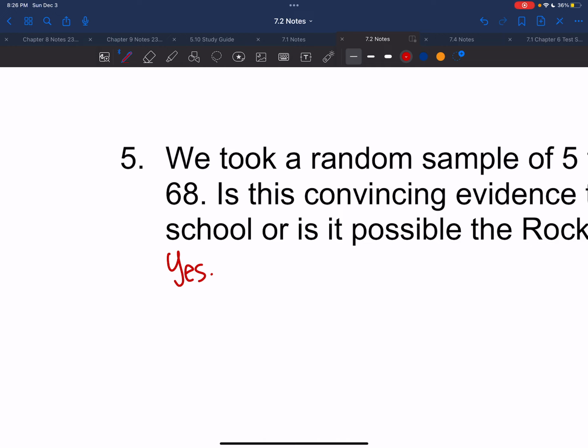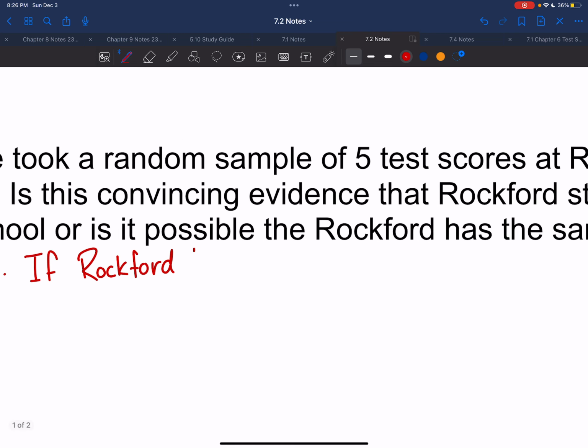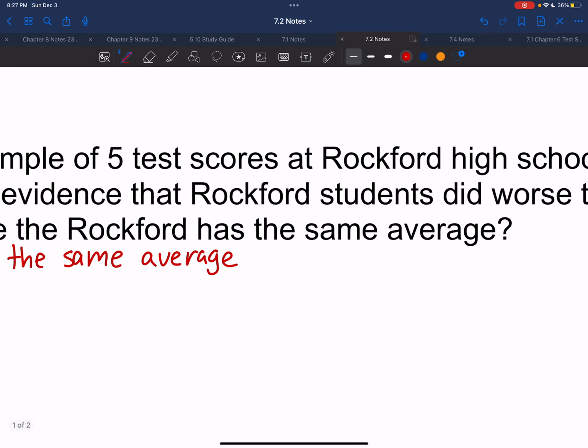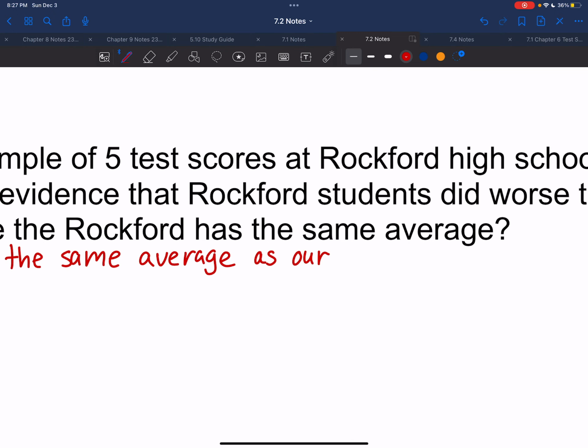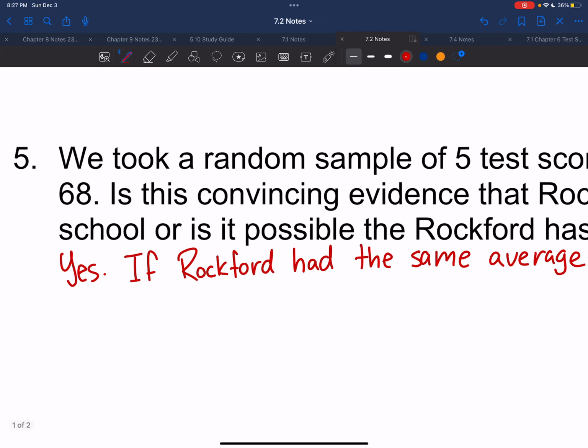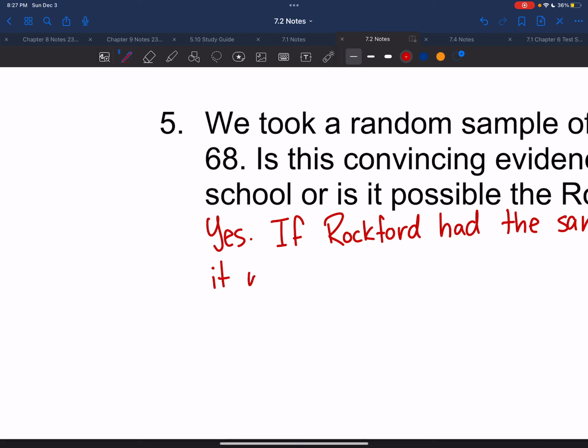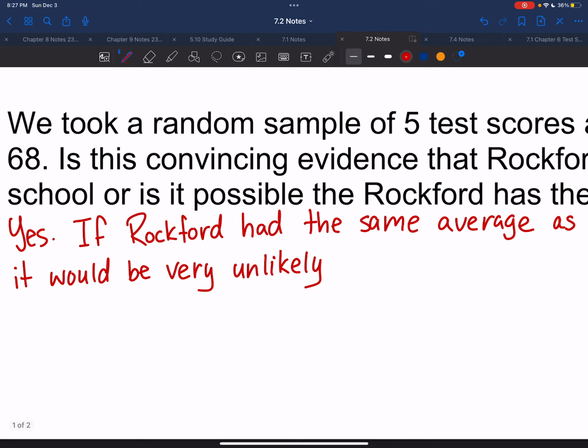because if Rockford had the same average as our school, it would be very unlikely, and in parentheses, I'm just going to put that number.